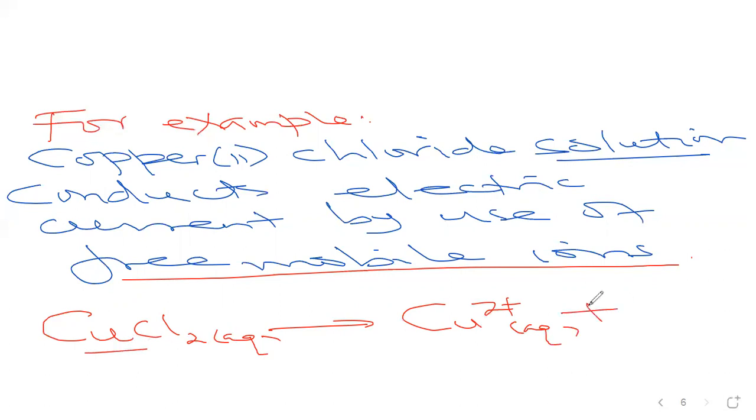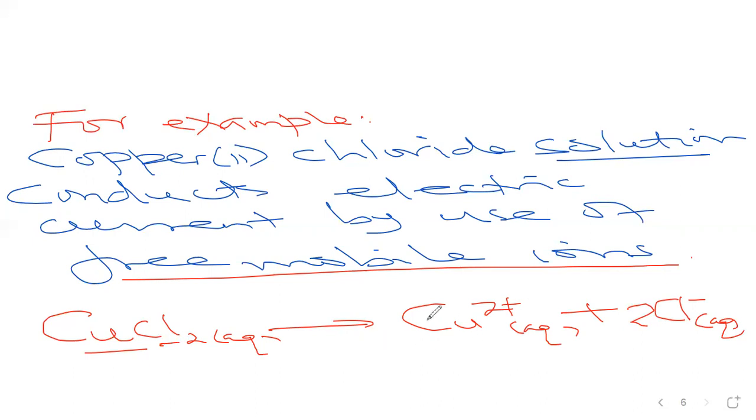In solution, it ionizes to give us copper 2 ions and chloride ions. A chloride is a negatively charged ion, an anion, whereas the copper 2 ion is a cation, so it has a positive charge. Because of the valence of 2, it has 2 positive charges. The chloride ions are 2 because of this formula here.